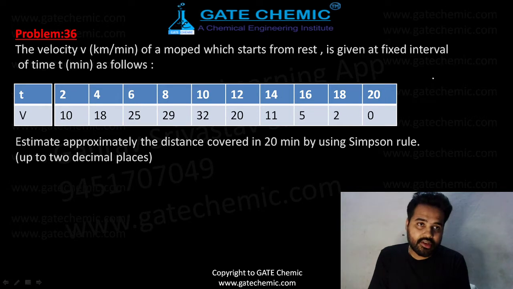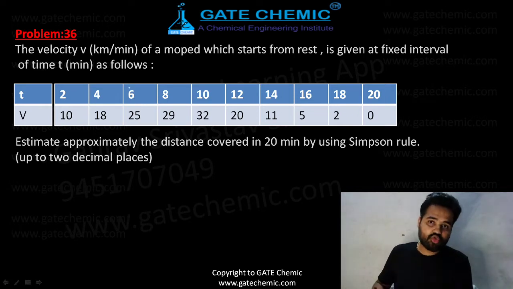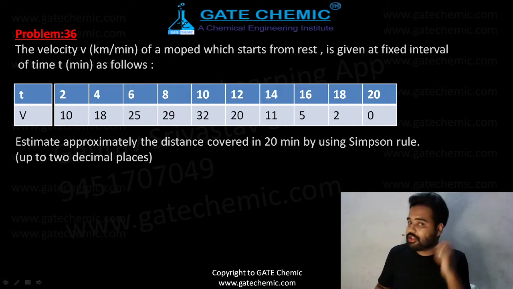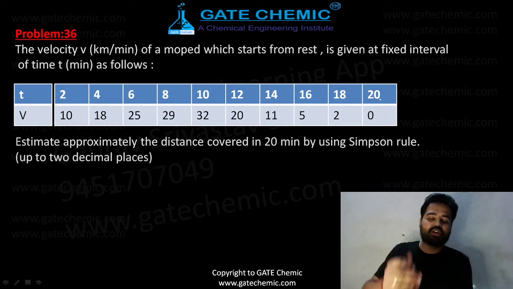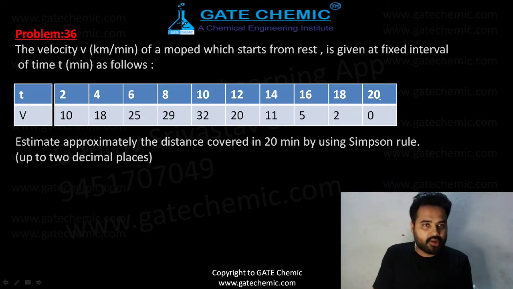Velocity at t equals 2 minutes is 10, at 4 minutes it's 18, at 6 minutes 25, at 8 minutes 29, at 10 minutes 32, at 12 minutes the velocity is 20, at 14 minutes 11, at 16 minutes 5, at 18 minutes 2, and at 20 minutes, the end. Now estimate approximately the distance covered in 20 minutes.